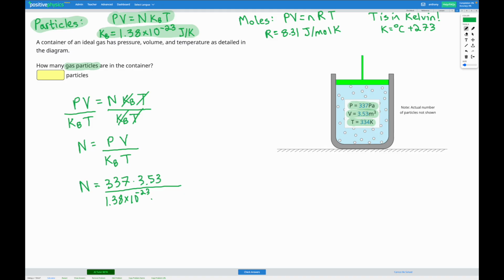Now the question gives it to us in Kelvin here. It's 334 Kelvin. So now what we need to do is go ahead and put that into our calculator. That's going to get us an answer of 2.58 times 10 to the power of 23 particles.